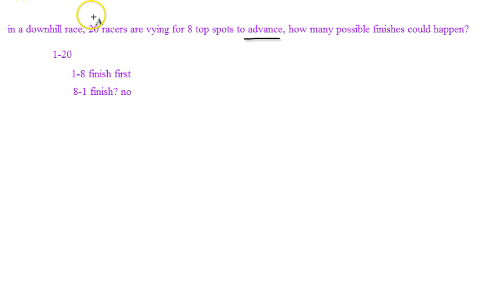So what is n, what is r? n is the amount of items you're choosing from. r is usually the smaller number, the amount you're actually choosing. So on this one, this would be 20 choose 8, which in a calculator would be 20 nCr 8, and in Desmos it's nCr, parentheses, 20, comma 8.